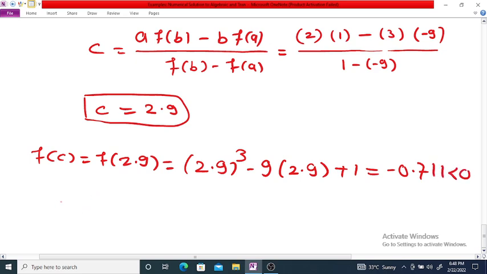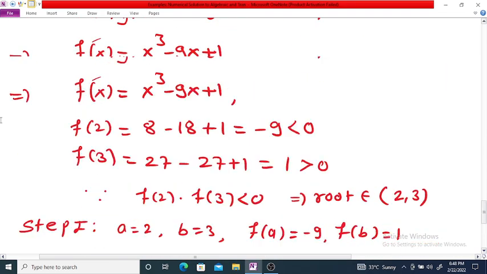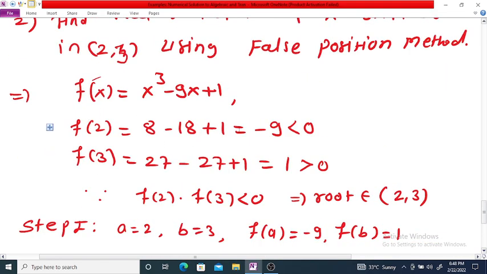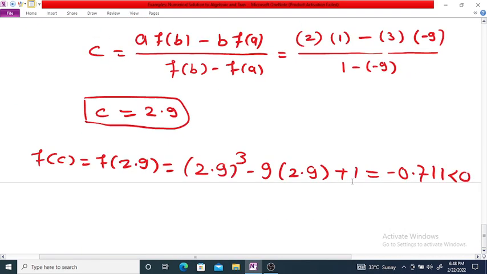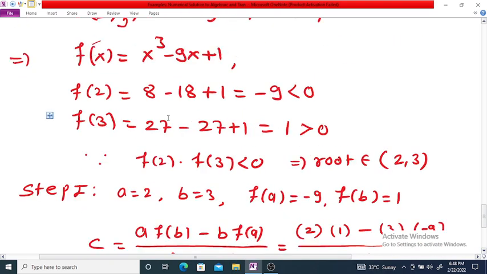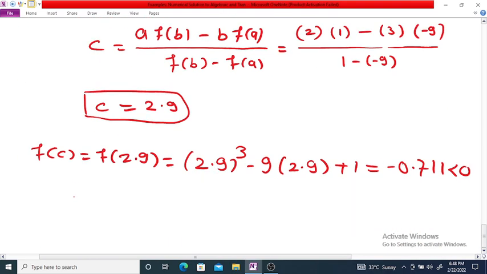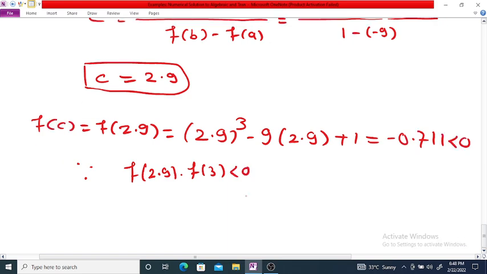Now in the last interval, that is 2 to 3, f of 2 is less than 0 but f of 3 is greater than 0, and a root always lies between one positive and one negative. Since f of 2.9 is negative and f of 3 is positive, f of 2.9 into f of 3 is less than 0, and therefore our root lies in the interval 2.9 and 3.